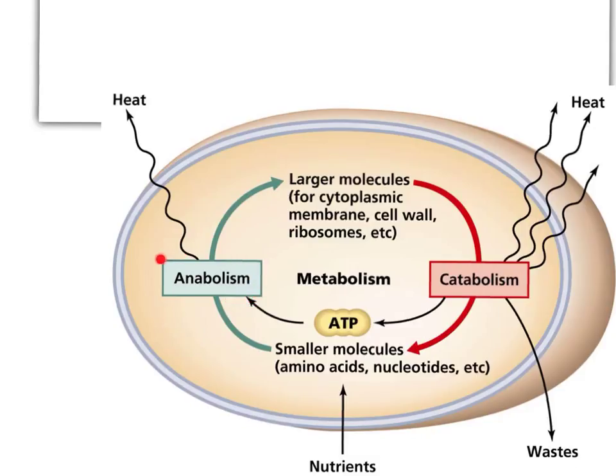Often anabolic processes require energy, and that ATP is released from the catabolic breakdown of things in processes such as respiration. So that gives you an idea of what metabolism is all about and how enzymes are involved in metabolism.